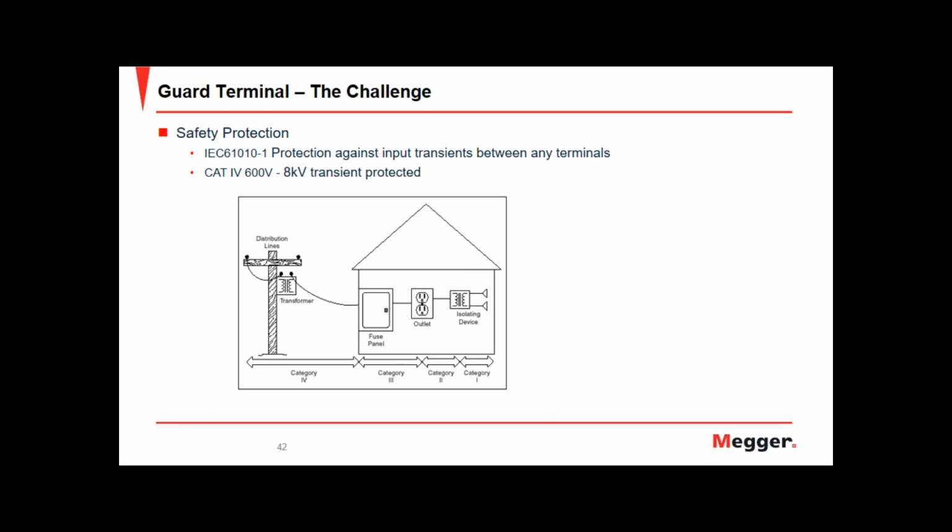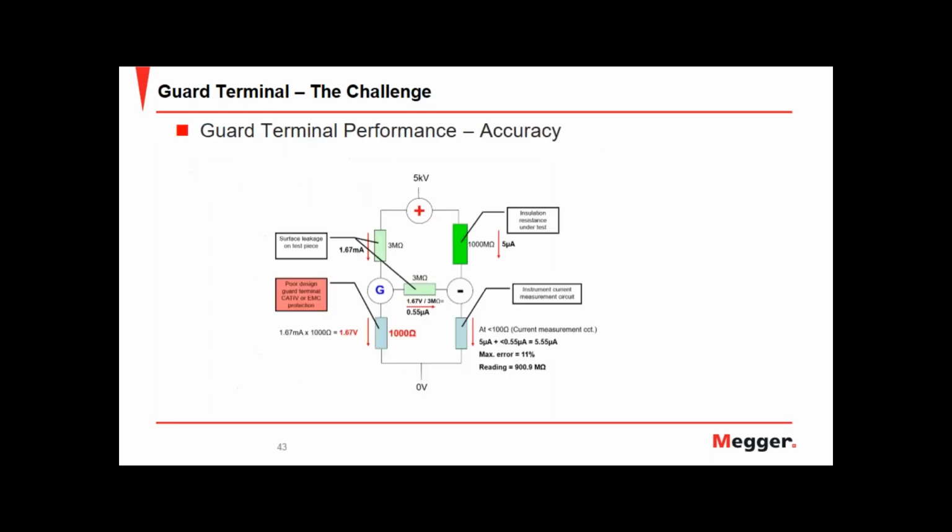The IEC 61010 standard provides us with insulation methods, distances for creepage and clearance, and some suggested components to limit over voltage. But when it comes to the instrument, we also need to protect the terminals.